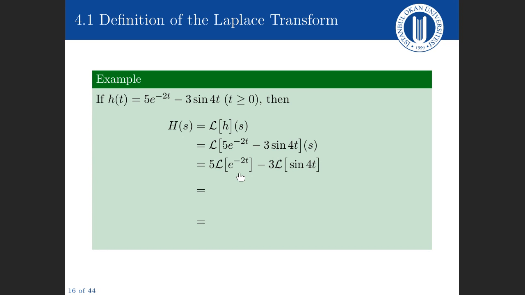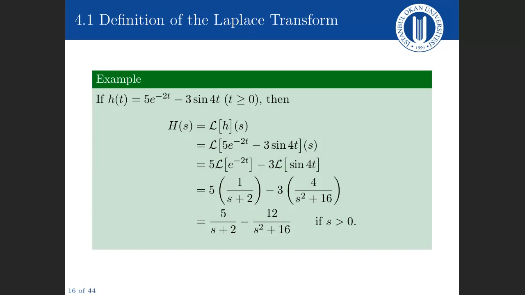We know a formula for each of these. So we have 5 multiplied by 1 over s plus 2, minus 3 multiplied by 4 over s squared plus 16. And we know that this is true if s is strictly greater than 0.